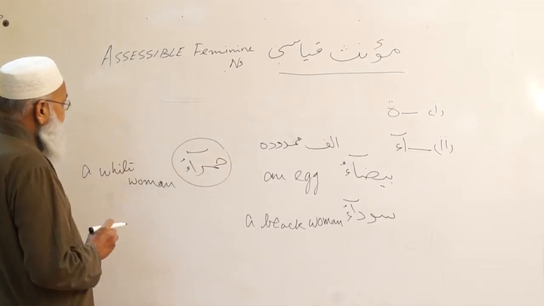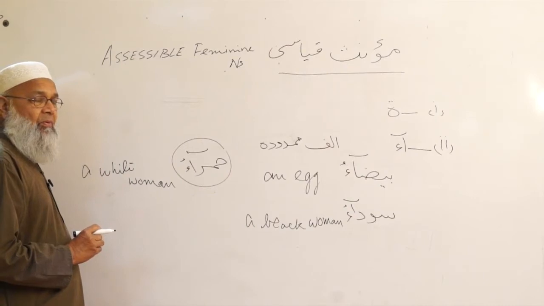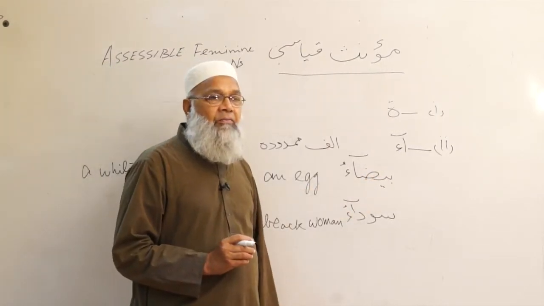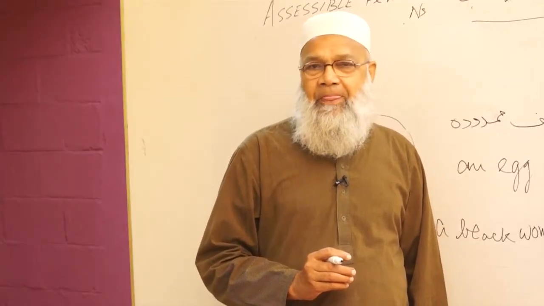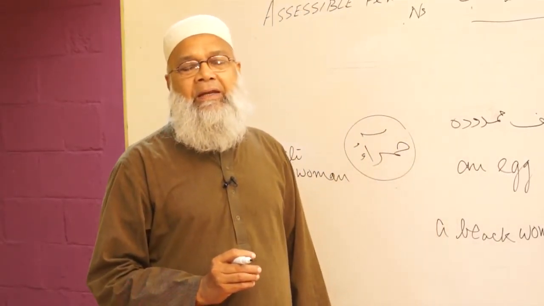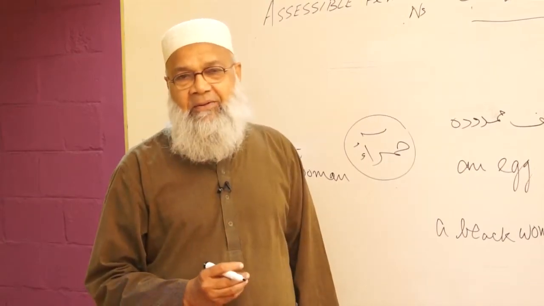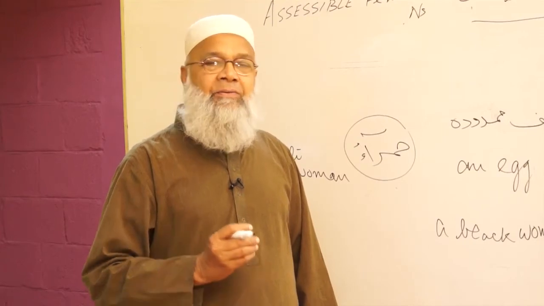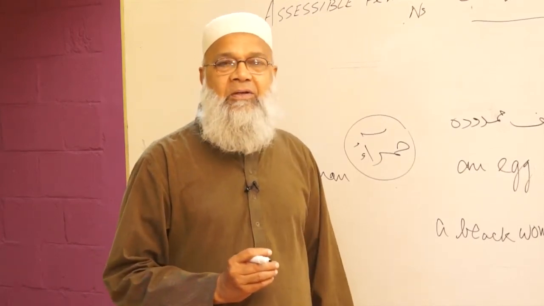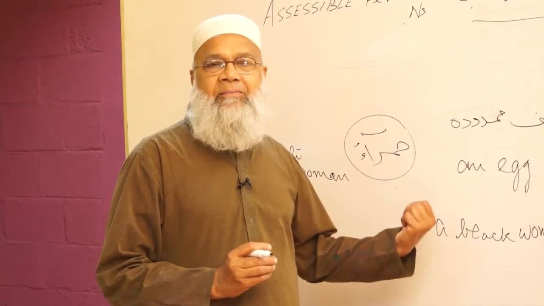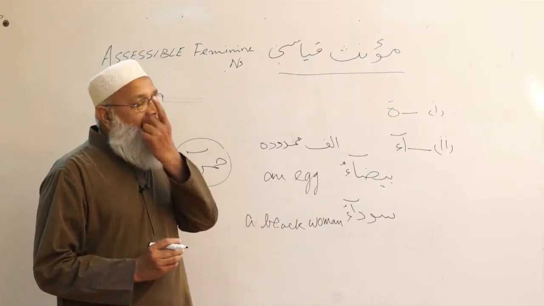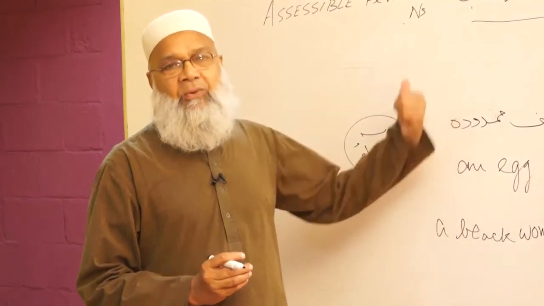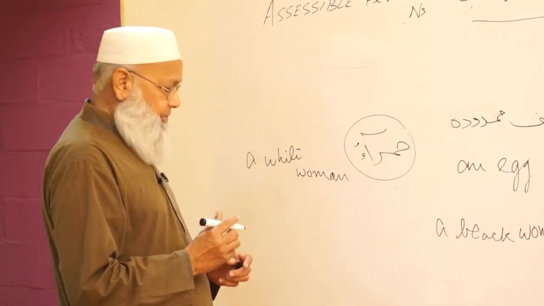But since the white races are not from this baydaw, a white man in English idiom is called a white man, but in fact he is not exactly white, but in Arabic idiom the word used for a white man is ahmaru and for a white woman is hamraw. So it's the idiom which counts.